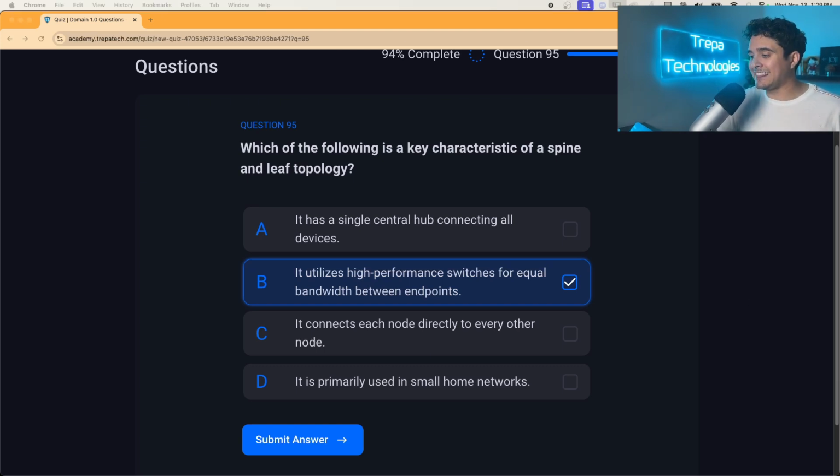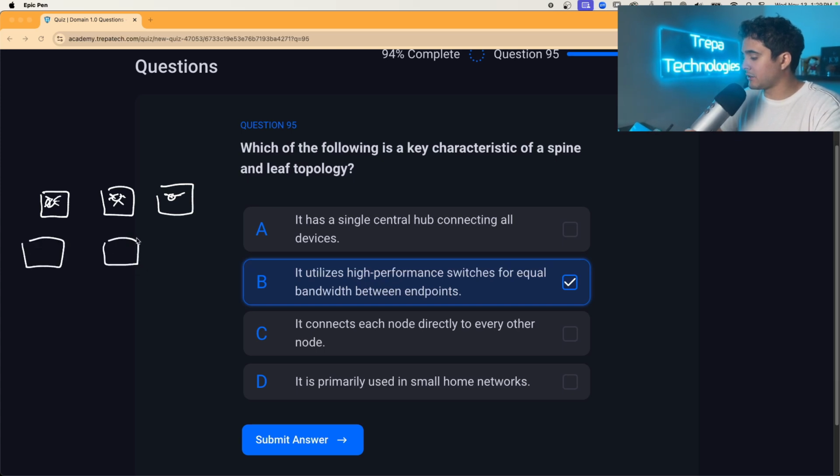So it would look like this. I'm going to do a really crappy spine and leaf architecture real quick. Let's say this is our spine right here, and we have all these leaf switches down here. Each one is going to have a connection to a spine.